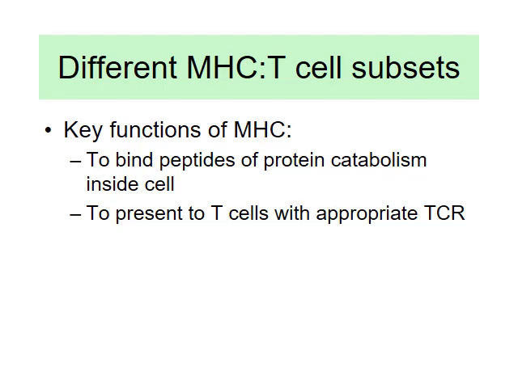I repeat, these MHC molecules are so important that nothing will get you an immune response, nothing will pass as a signal to make antibodies or any effector response unless and until it is presented in context with MHC. There are two types of MHC, class 1 and class 2.